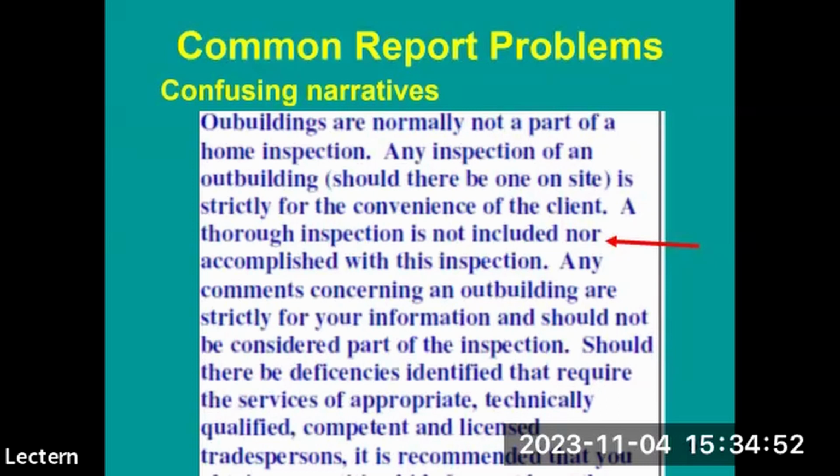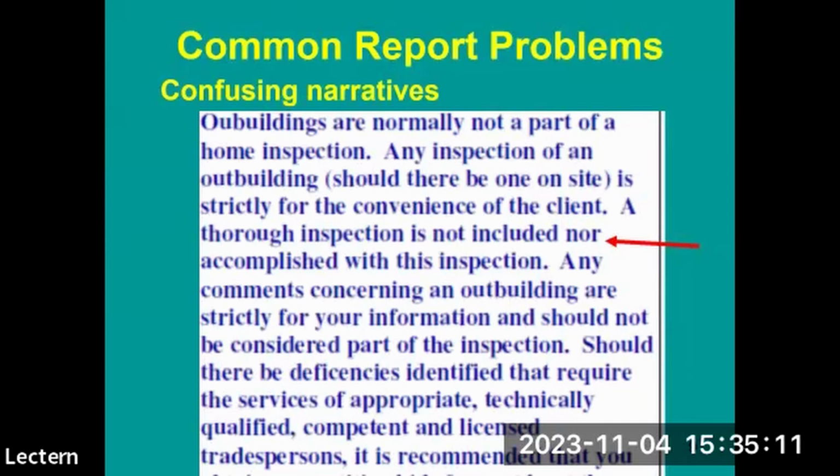If the power to the outbuilding comes from the primary structure, you're always going to have to inspect it. And what do you base that on? The standards of practice. Eh, I don't know. Because if an outbuilding has its own meter, it's its own charge.